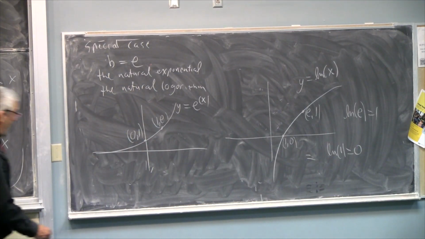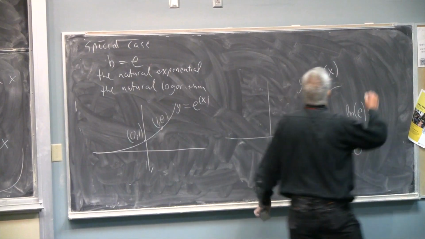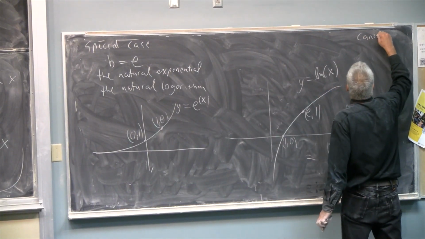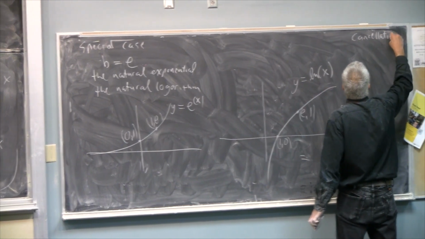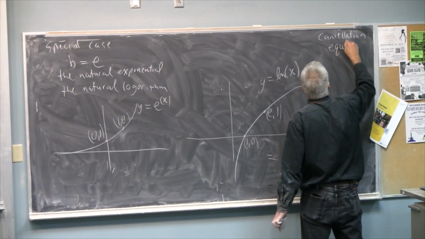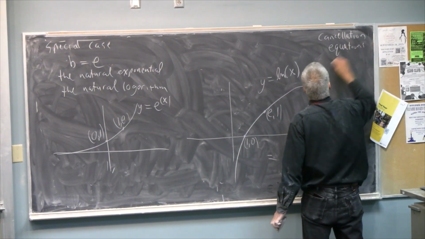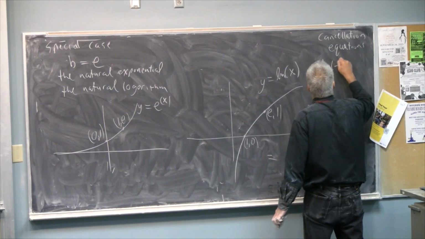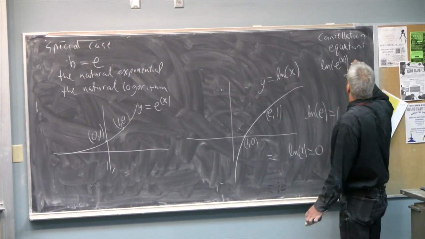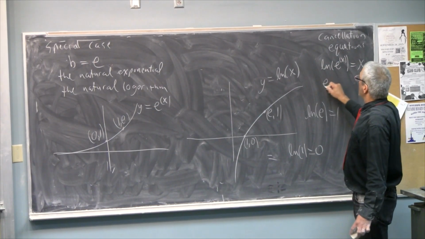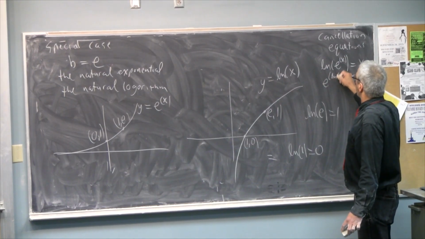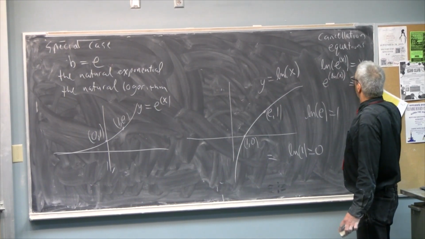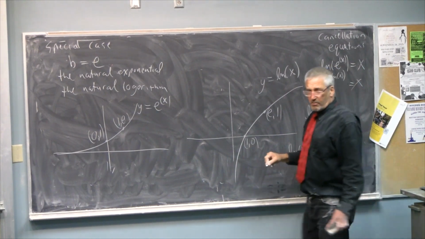And you get the cancellation equations. That is ln of e to the x is equal to x, and e to the ln of x is equal to x.